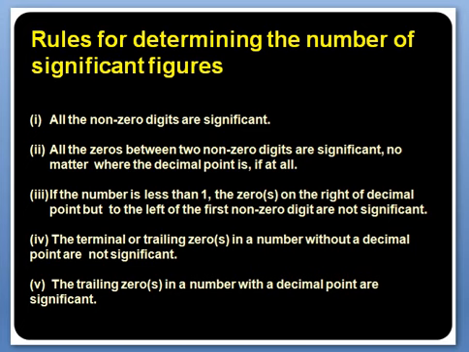See the third rule: if the number is less than 1, the zeros on the right of the decimal point but to the left of the first non-zero digit are not significant figures. Suppose there is a decimal number, 0.012.